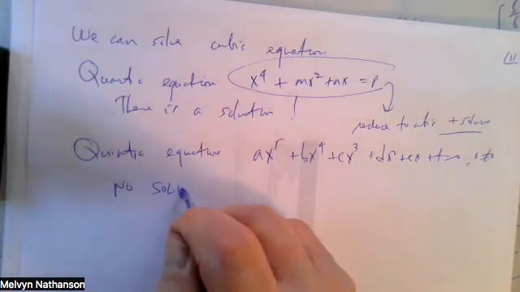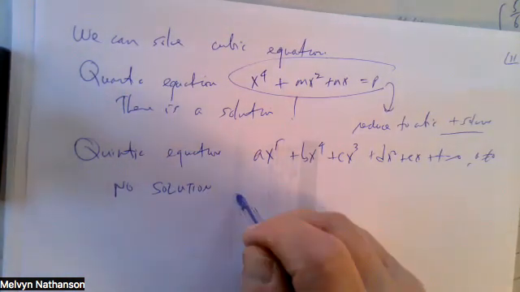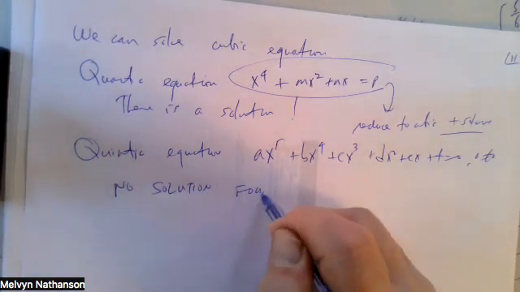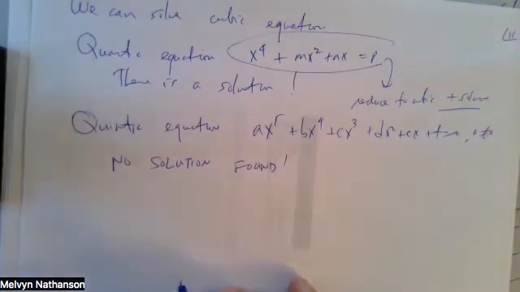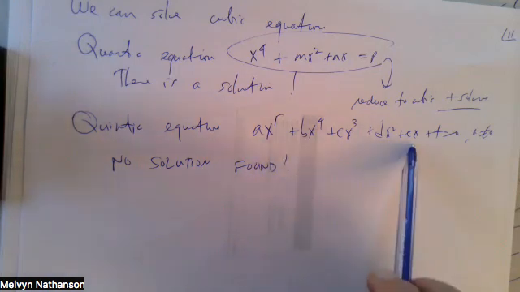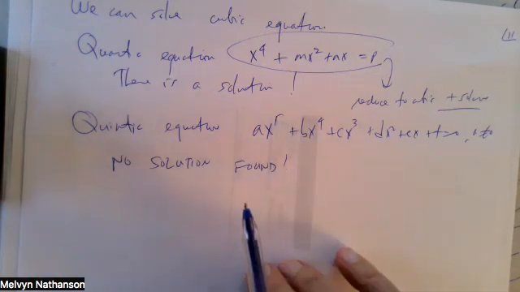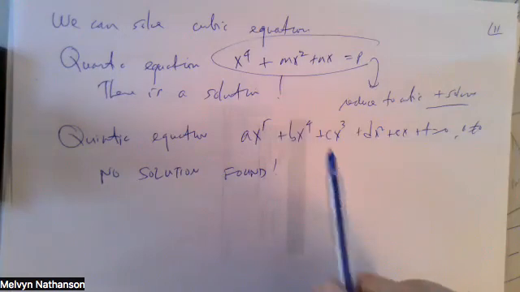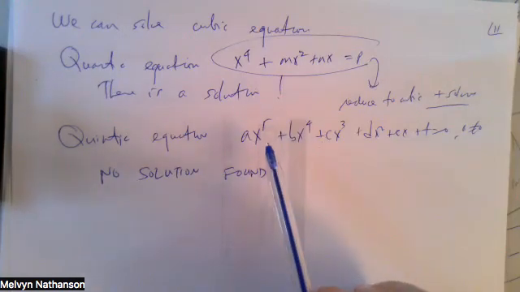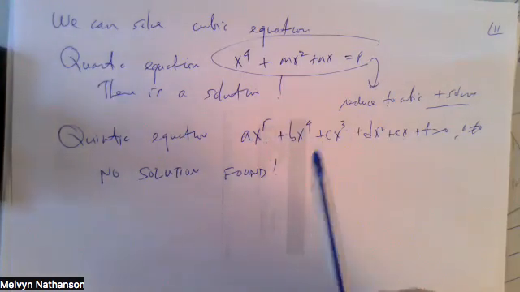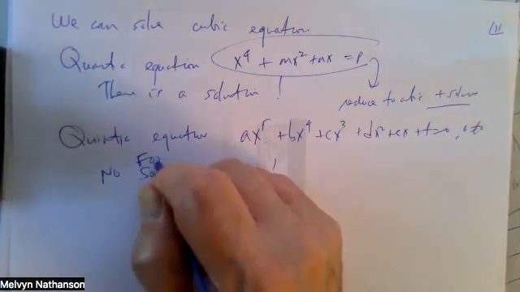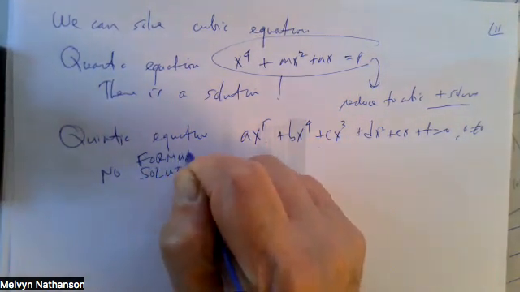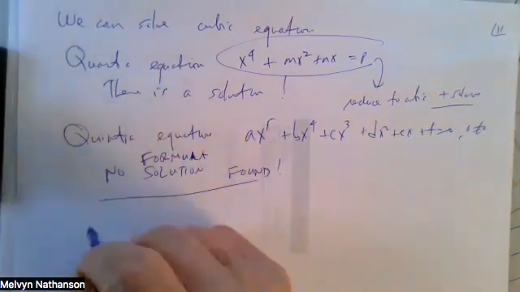No solution could be found. By a solution, we mean a solution that just involves the coefficients of the equation and taking roots, like maybe you need square roots, cube roots, maybe you need 4th roots, 5th roots, some roots. But no one could find a formula for a solution.